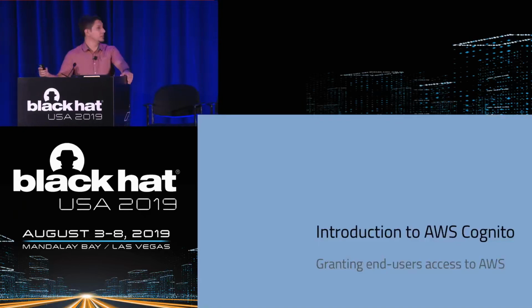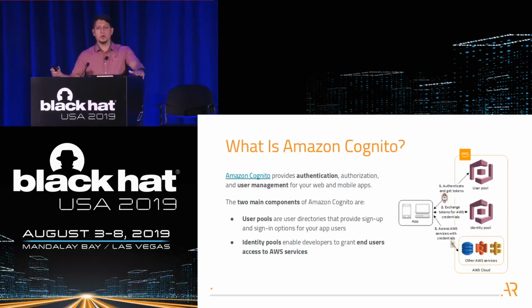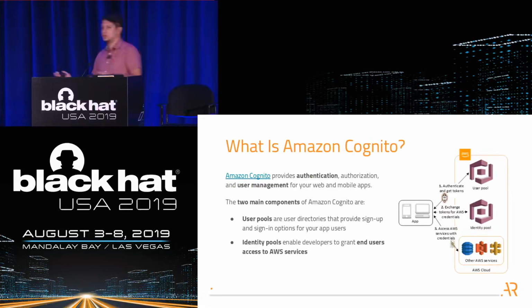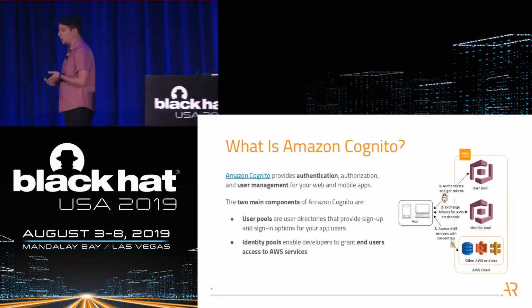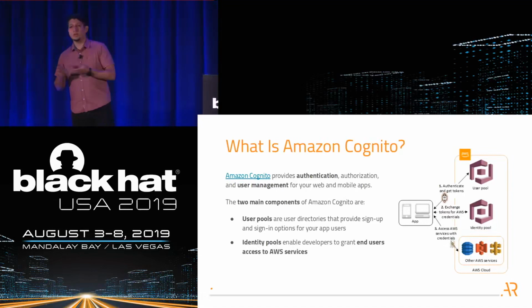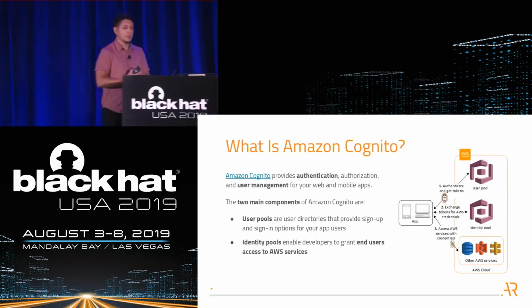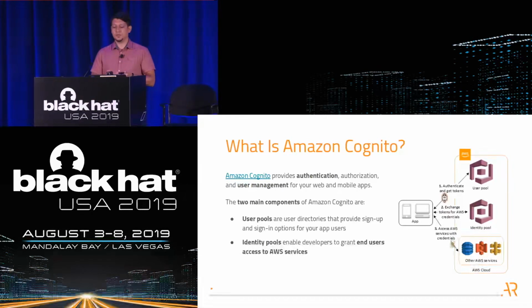Introduction to AWS Cognito. Basically, there are two main components: user pools and identity pools. User pools store all the users. It's a directory. Identity pools provide AWS credentials for authenticated users.